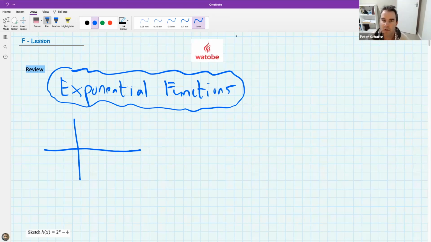So I remember that some graphs seem to kind of go up and some graphs seem to go down like that. Can anybody tell me if they remember anything about how these are different?